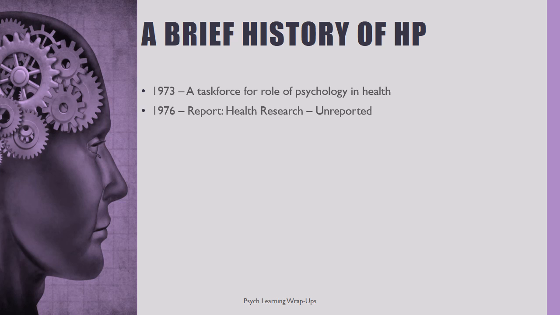It was unreported, because there was no separate journal of health psychology, so such research was not published. This report envisioned a future for health psychology, which helped in enhancement of health and prevention of disease.